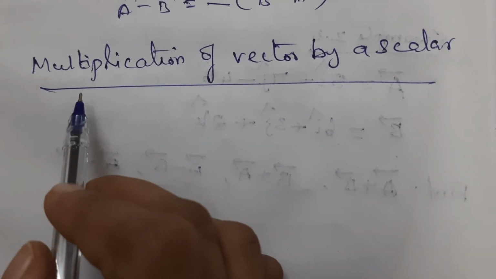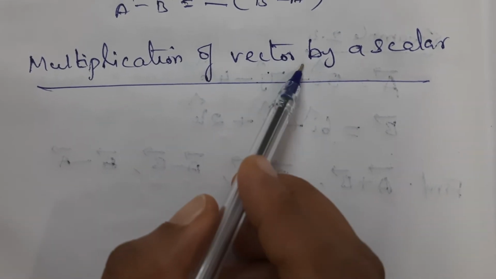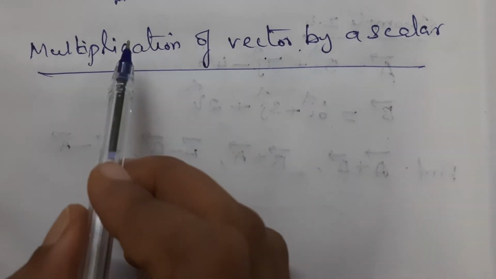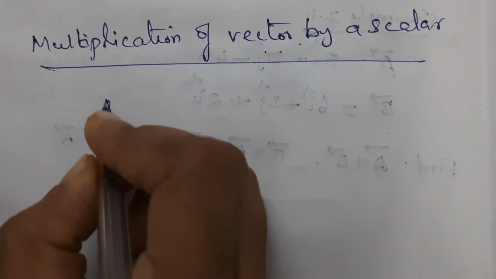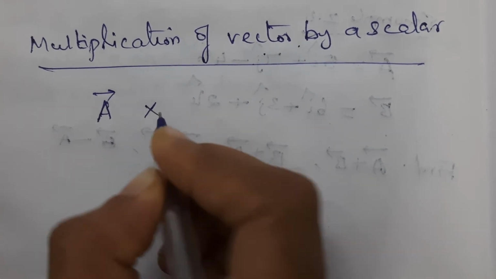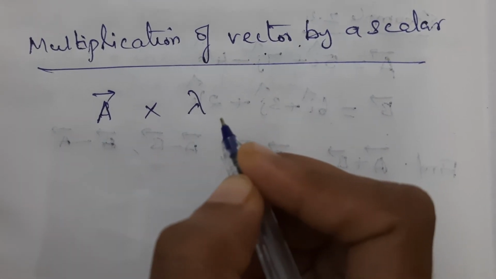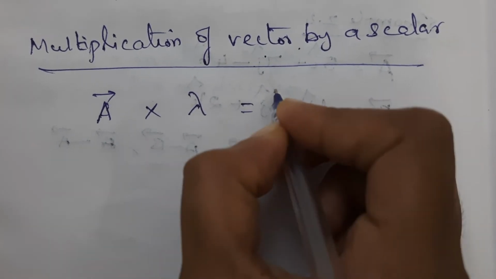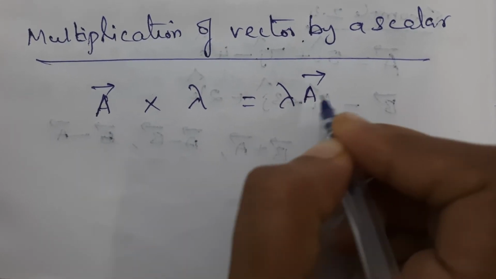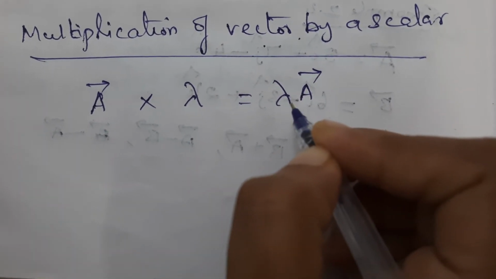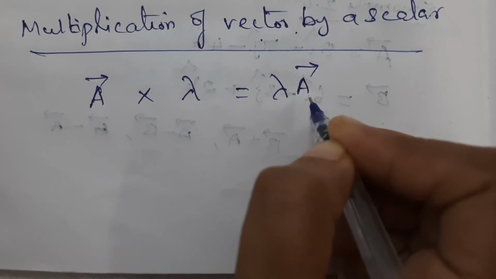Next, multiplication. First, multiplication of a vector by a scalar. Consider the vector a. A vector is multiplied by a scalar quantity lambda. We will get lambda a vector. That is, the result is another vector.